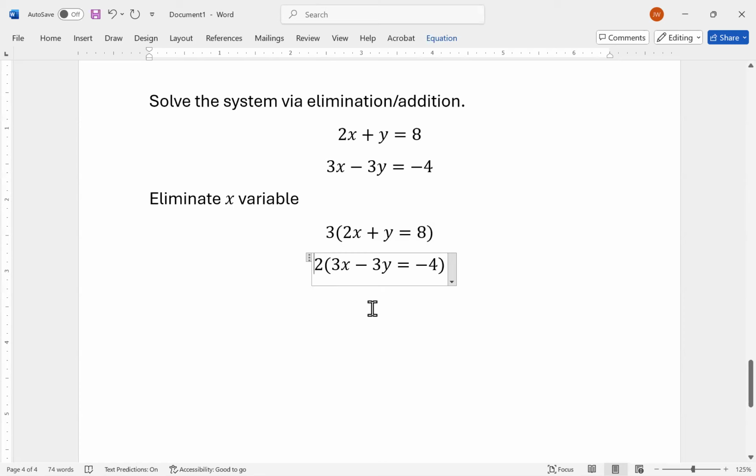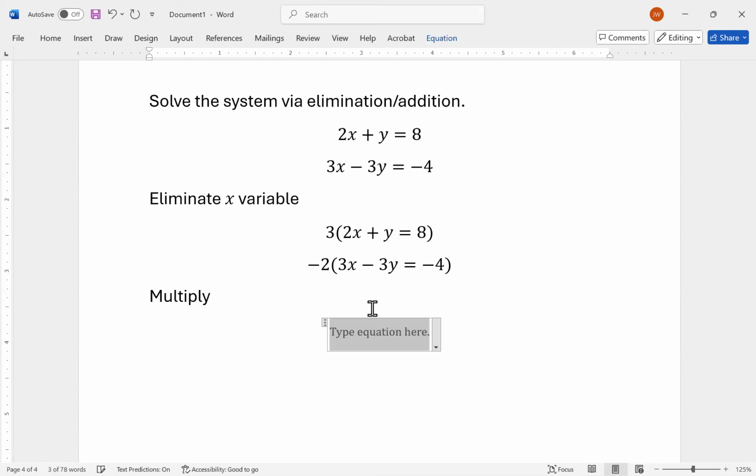I could put the negative on the 3, or I could put the negative on the 2. I'll choose to put the negative on the 2. And then we multiply out. I end up with 6x plus 3y is equal to 24.